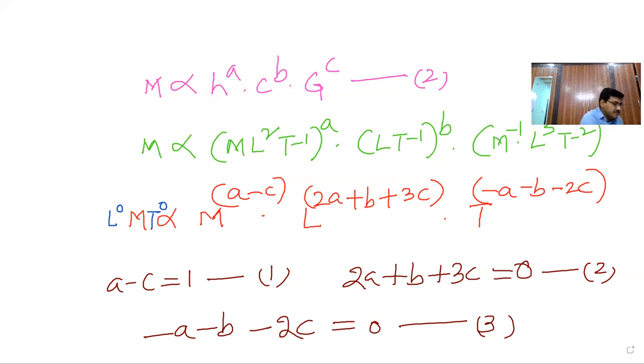Observe here. First equation is what? A minus C is 1. Second equation is 2A plus B plus 3C is equal to 0.